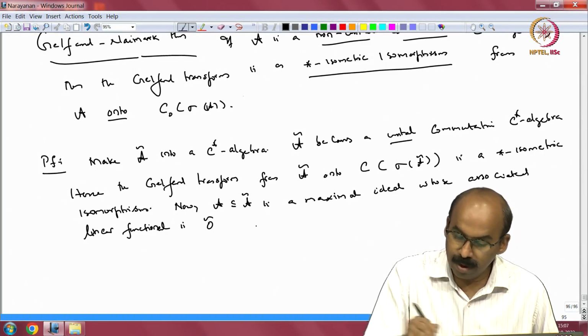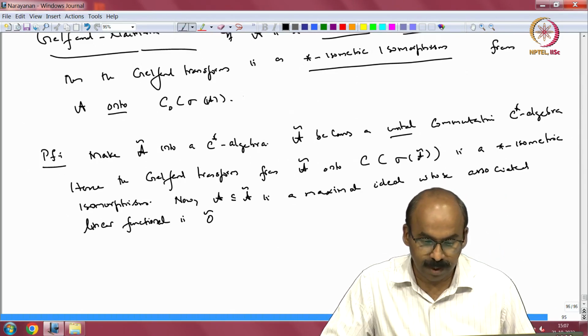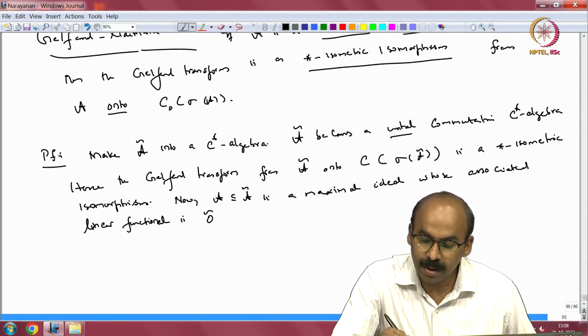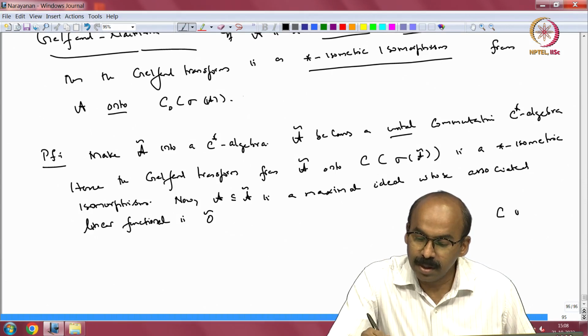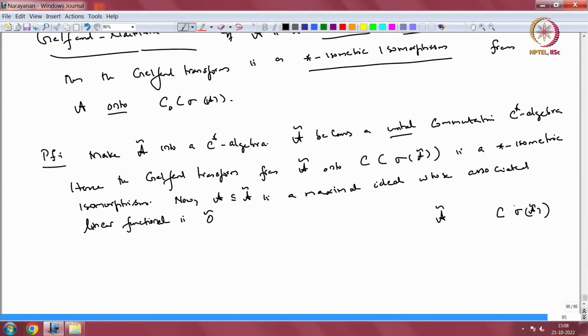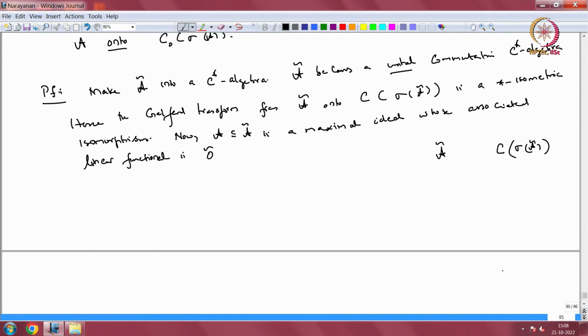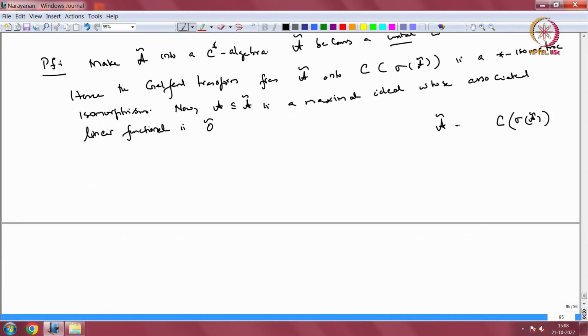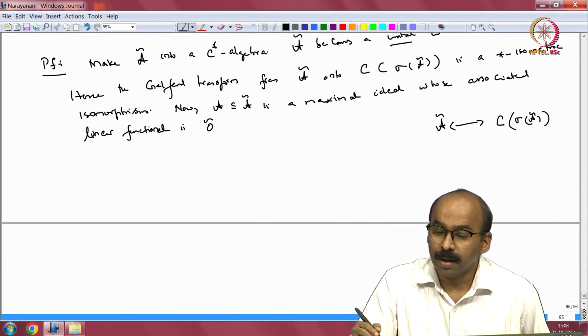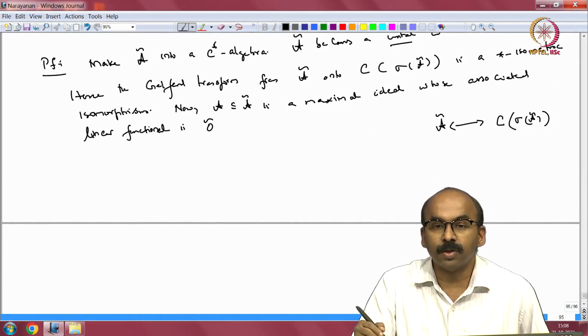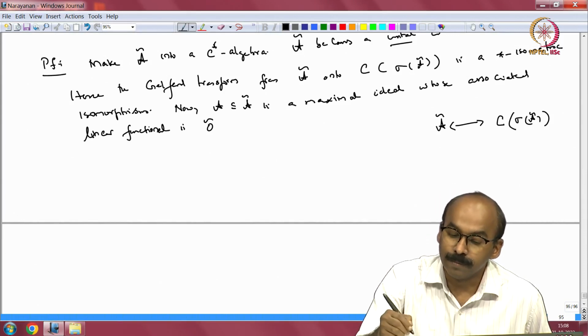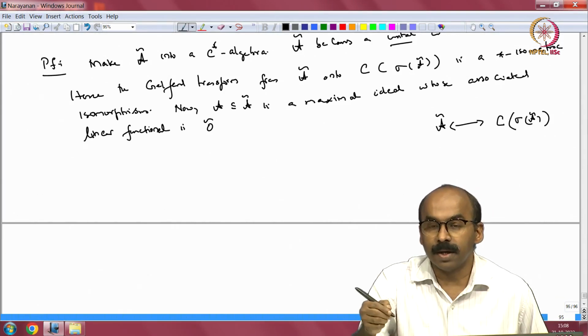And so let us see if I can draw some picture which will make this clear. I have A tilde and continuous functions on sigma of A tilde. Sigma of A tilde is compact, and I have this identification, which is the Gelfand transform, which is one-one and onto, and which is a star isometric isomorphism, right.